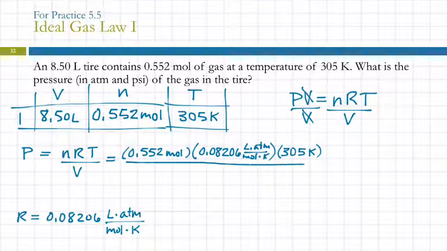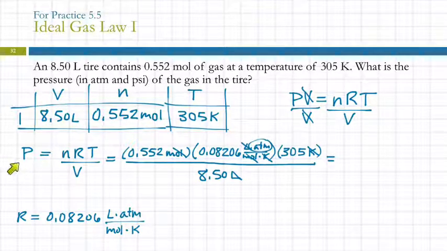And all of that divided by the volume, 8.50 liters. When we check out the units here, we see that they cancel nicely. The liters cancel, the moles cancel, the kelvins cancel, and I'm left with a unit of atmospheres, which conveniently is a unit of pressure.